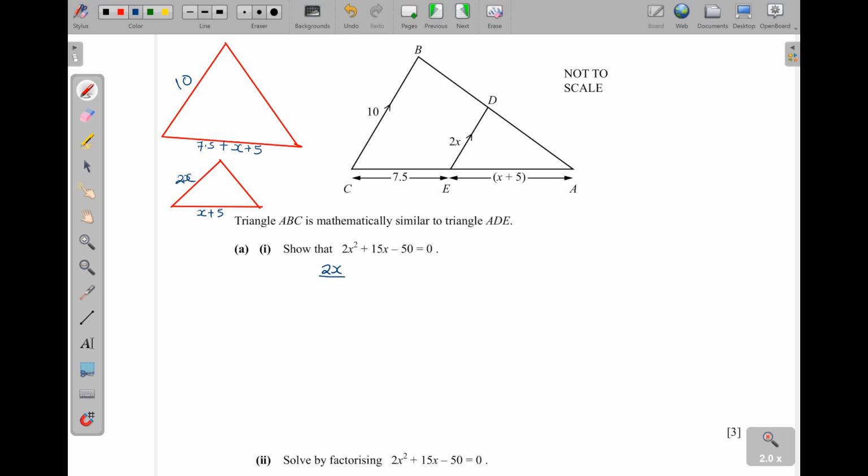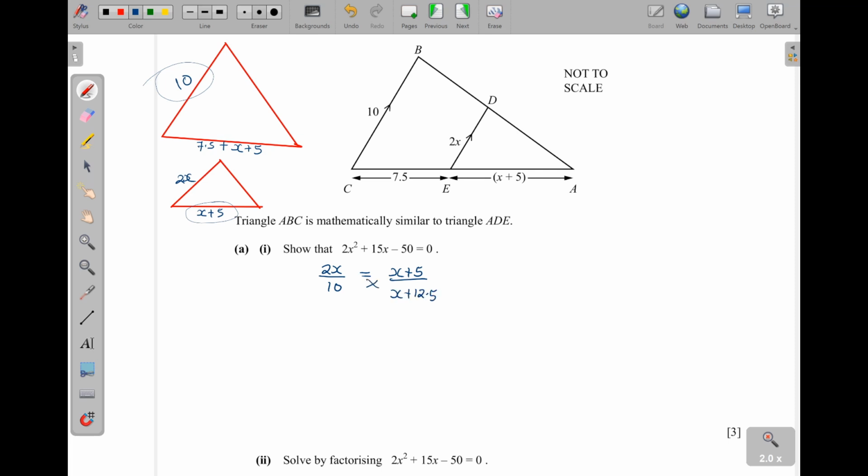I divide by the corresponding side is this one here. So I can have over 10. Then it's equal to, I come back to this one. If I started with the smaller one, then I have to come back to the smaller one. X plus 5. Then we divide by, this one is going to be 7.5 plus 5. That will be 12.5. X plus 12.5.